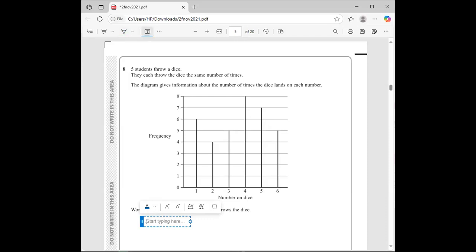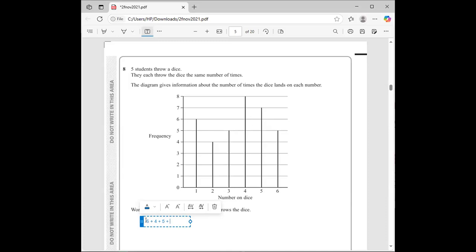Just add the frequency. So that's 6 plus 6 plus 4 plus 5. Just trying to be careful because sometimes it's the simple questions that can trip you up if you're not careful.